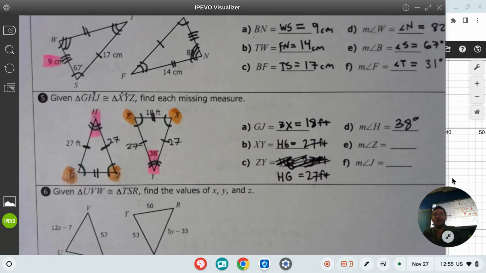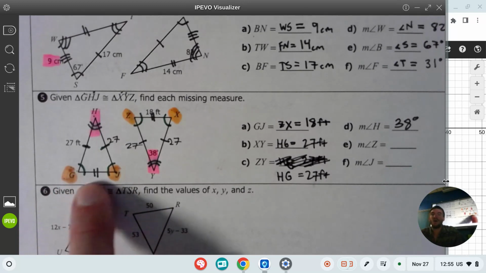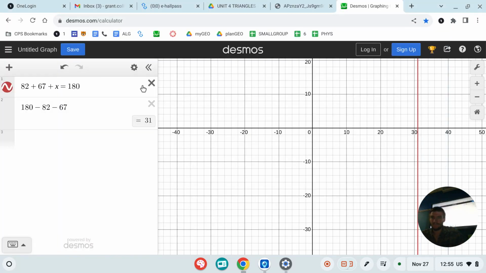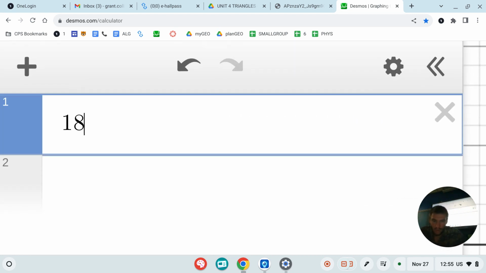What we do know is that G and J are equal to each other. So here's what we're going to do. How many degrees are inside a triangle every time? 180, right? And how much do we have accounted for?